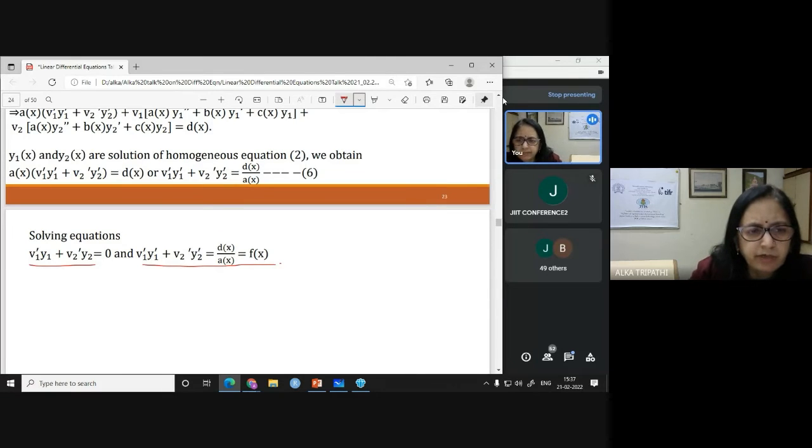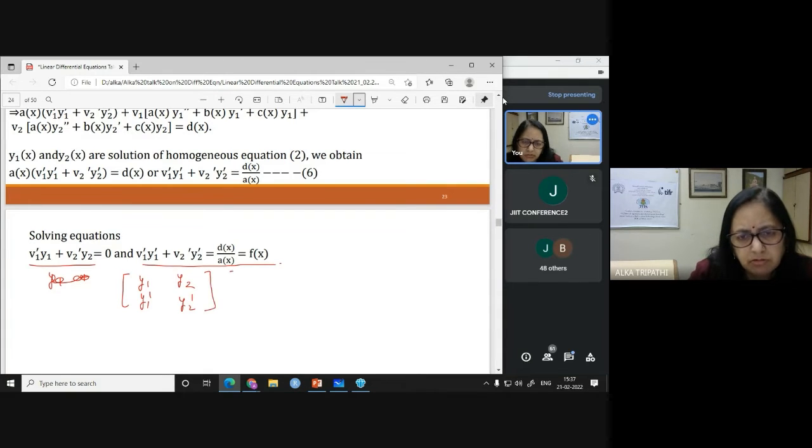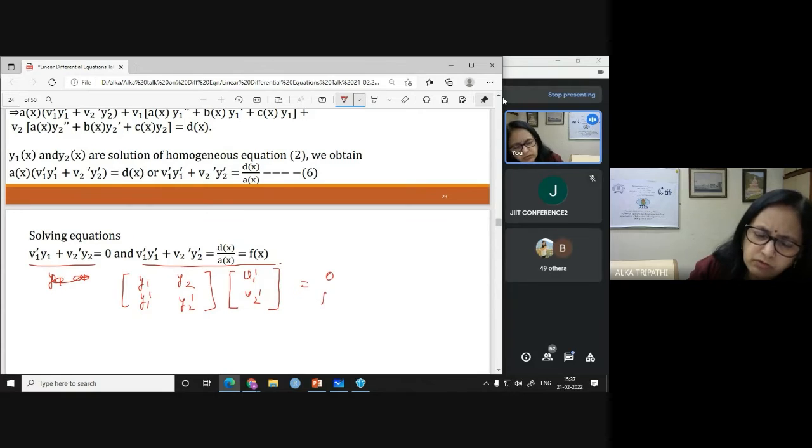Let me write it in matrix form. The equation will be, if I want to write it in matrix form, y1, y1 dash, y2, y2 dash, times v1 dash, v2 dash, equal to 0, fx.